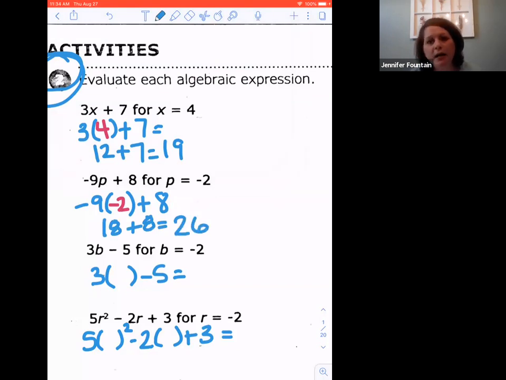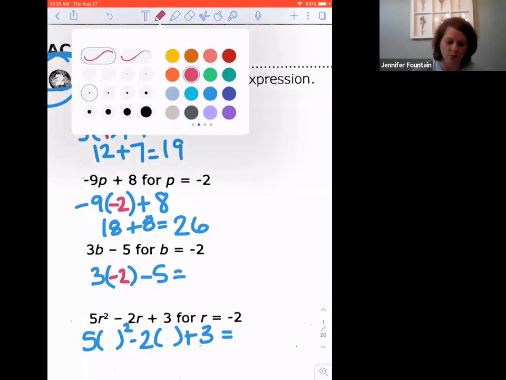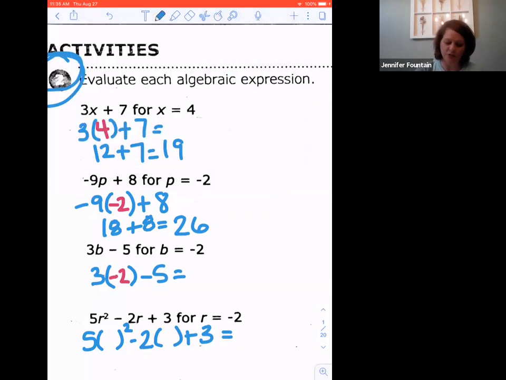Any of these that when I go over it, if you missed it or if you have a question about it, please stop me, okay? For the next one, I'm substituting -2 for b. So I have 3 times -2 will be -6. -6 minus 5.